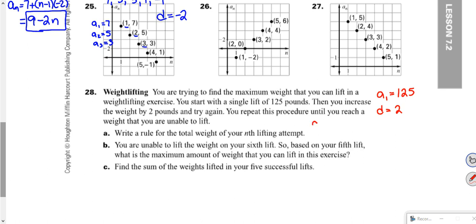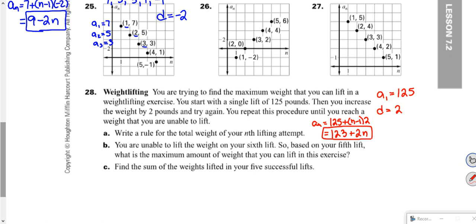So write a rule for the total weight of your nth lifting attempt. So again, going to use the formula. Okay, a sub n equals 125 plus n minus 1 times 2. Well, that's going to give me 123 plus 2n. Okay, that's my a sub n.